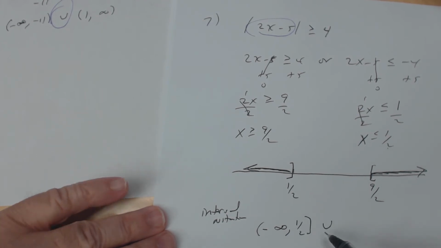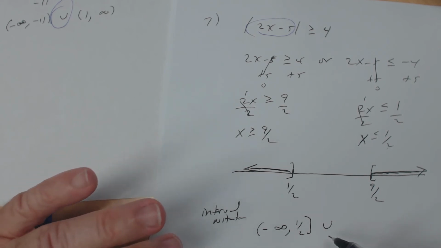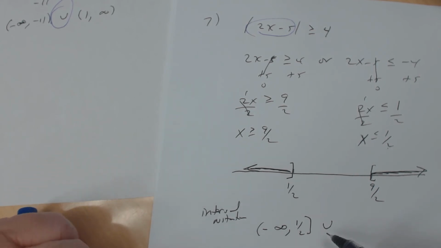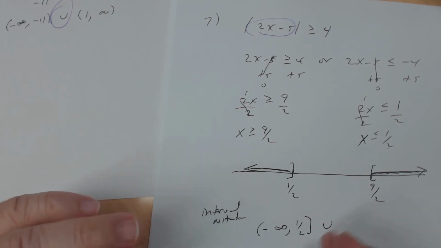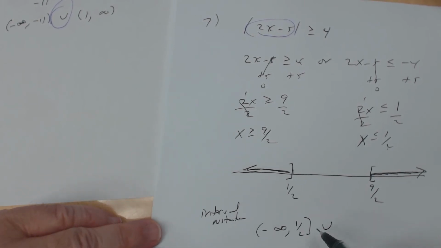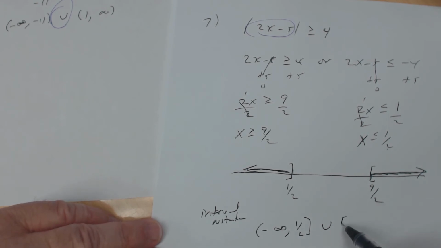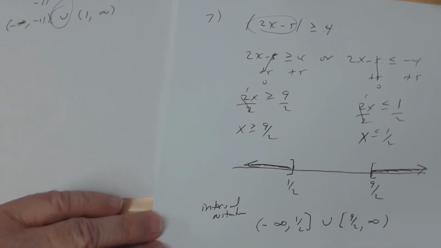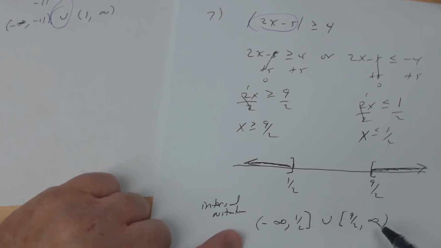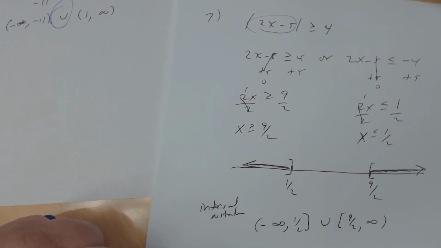If you don't use the word union, it's not totally correct. You may lose a point or 2 points, however much it's worth. So don't forget the union. Union, bracket, 9/2, comma, positive infinity. And remember, with negative infinity and positive infinity, you use parentheses.